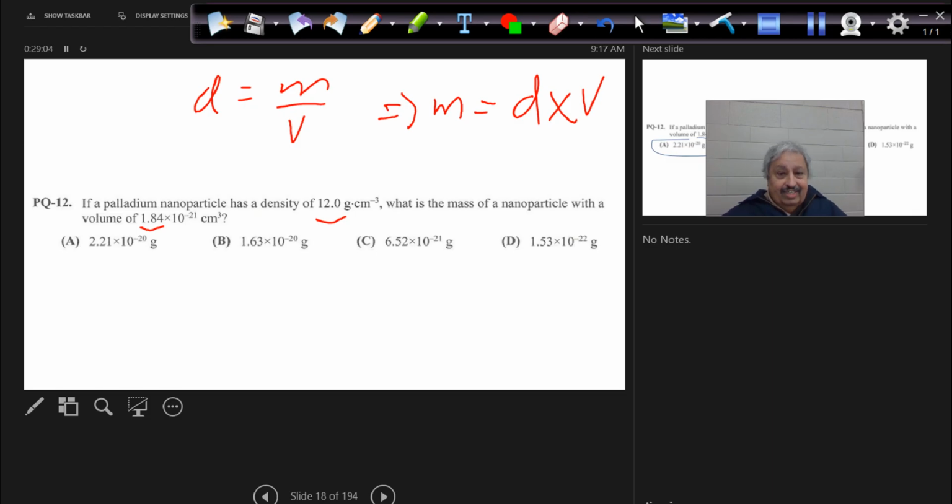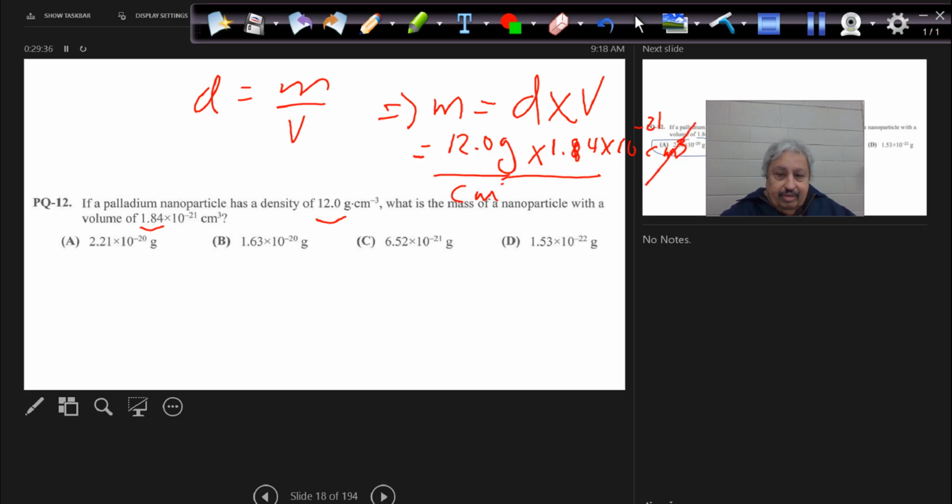So the answer is density multiplied by the volume. You get gram per centimeter cube multiplied by 1.8 times 10 to the minus 21 centimeter cube.